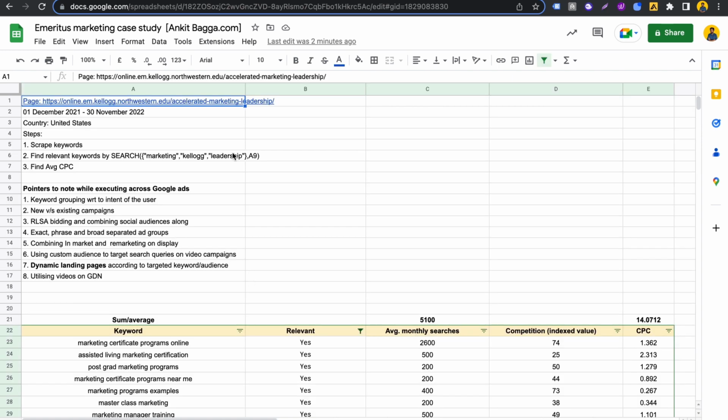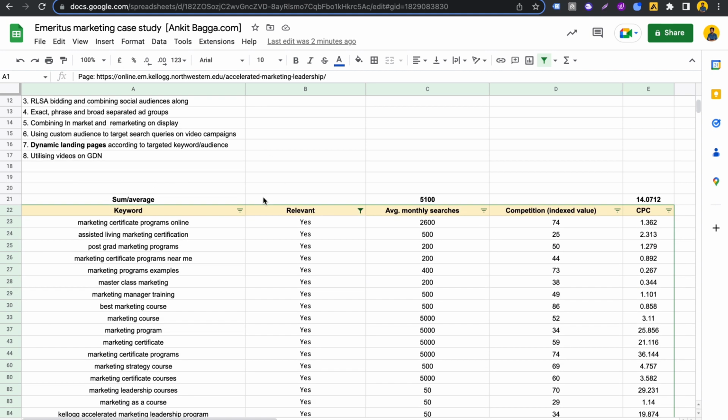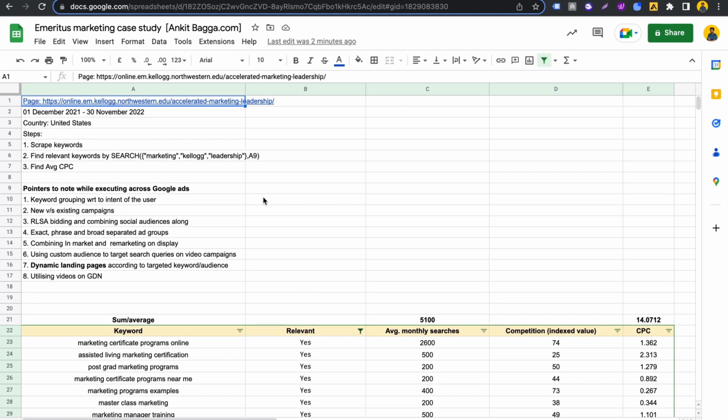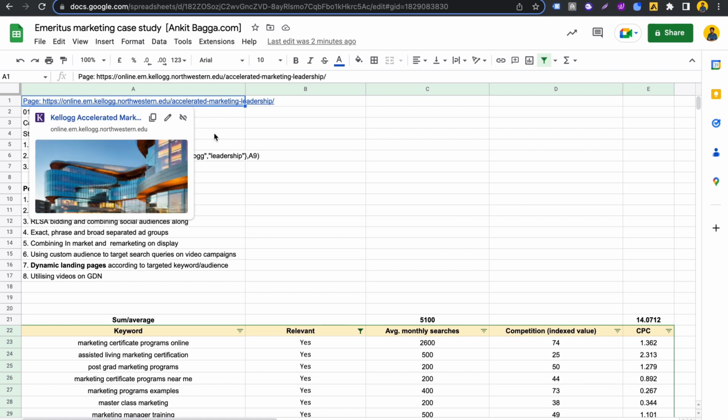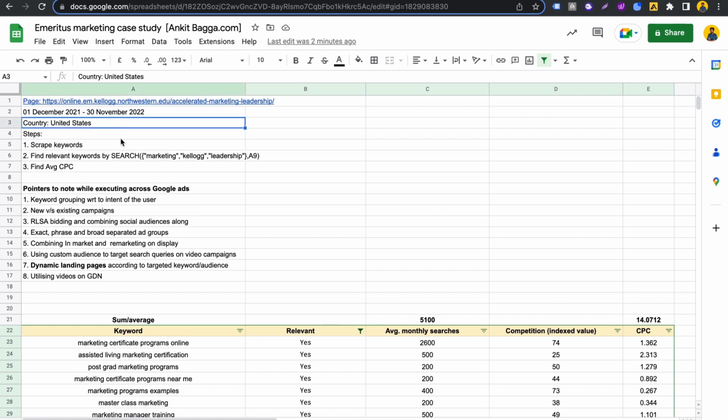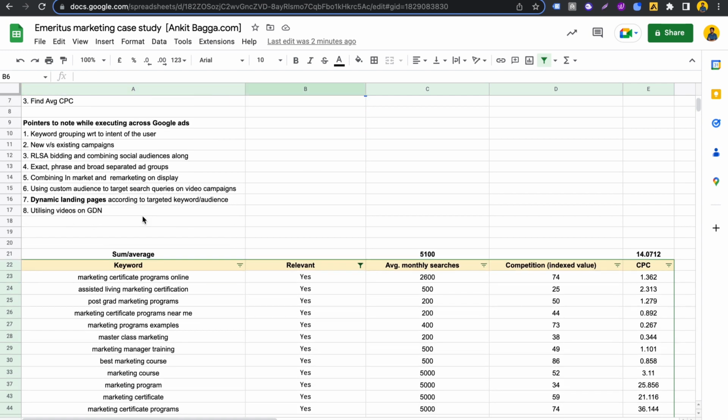Next up, I've done a small bit of research on some of the keywords that you would use as part of the search advertisement here. It's the United States that you will be targeting. The page is again the same. You feed this page into the AdWords Keyword Planner, and you'll get some keywords.